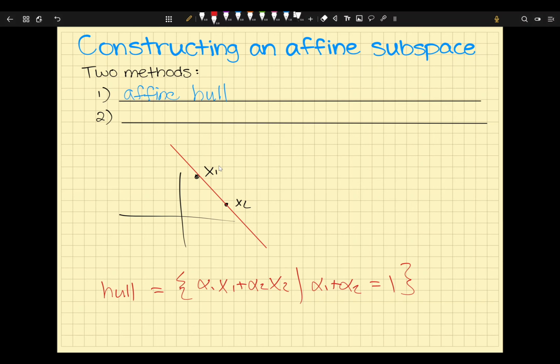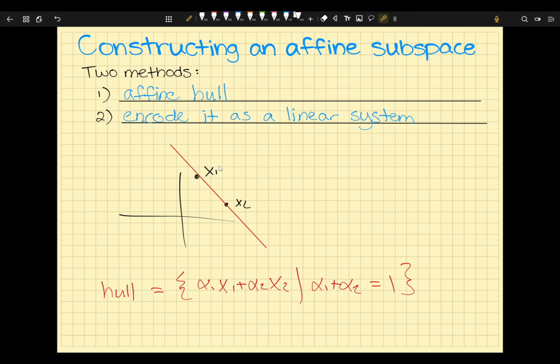And then the second method to construct an affine subspace was to encode it as a linear system. I'm going to touch on that later, but for now I want to focus on this affine hull construction.